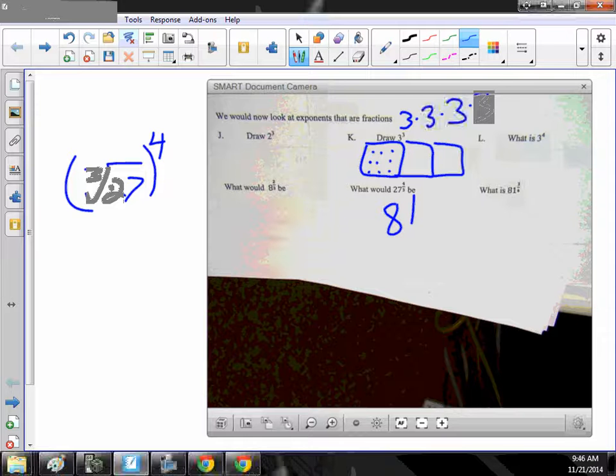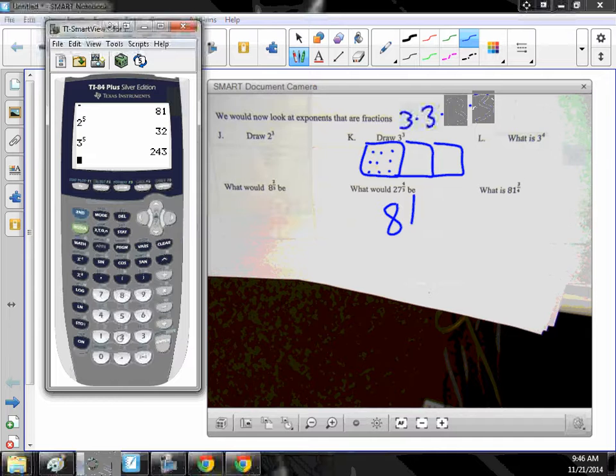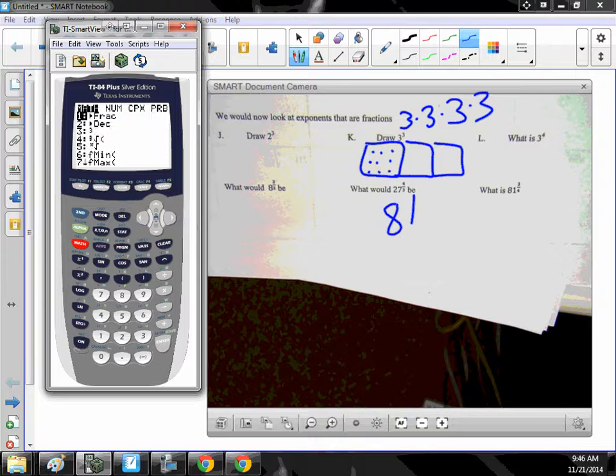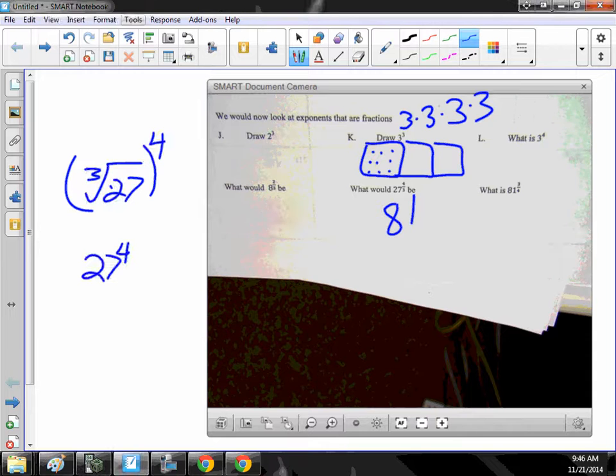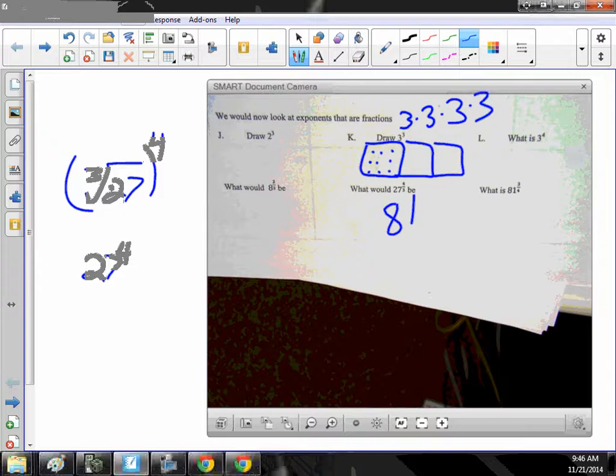Or I could do 27 raised to the fourth, and then take the cubed root of the answer, which is 81. So it works either way. Okay, for this problem, 3 to the fourth looked like this.